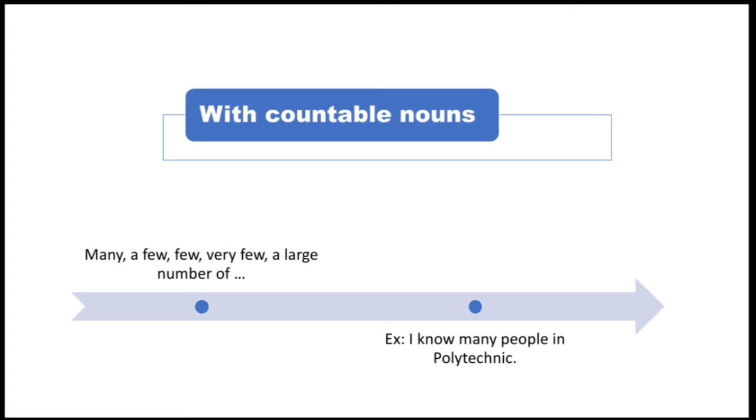Few is the opposite of many, meaning here we have a very small number of something. But a few is between the two, between many and few. It describes a certain number of something. A large number of something, as you can guess, is a big number, just like many.